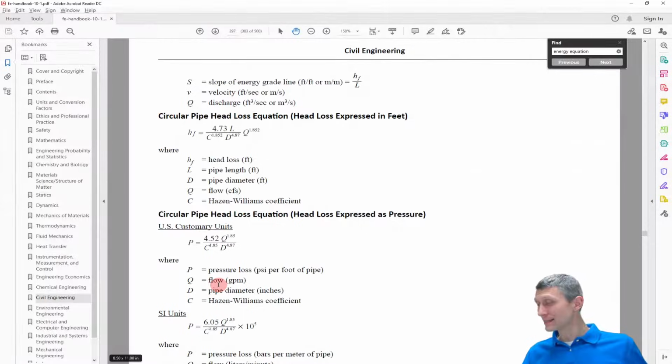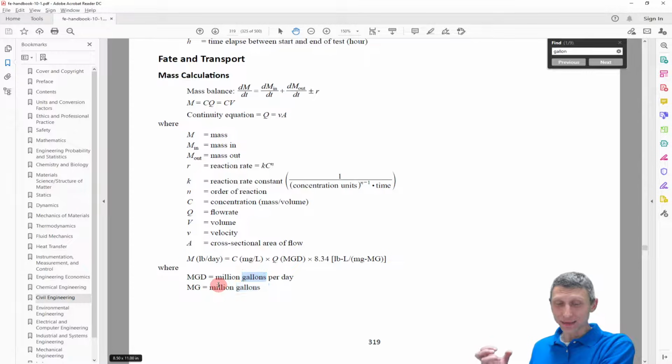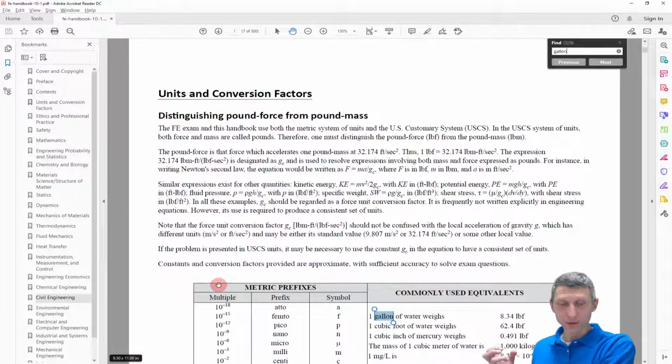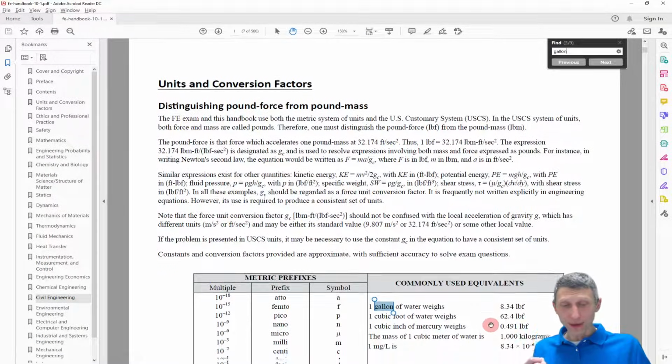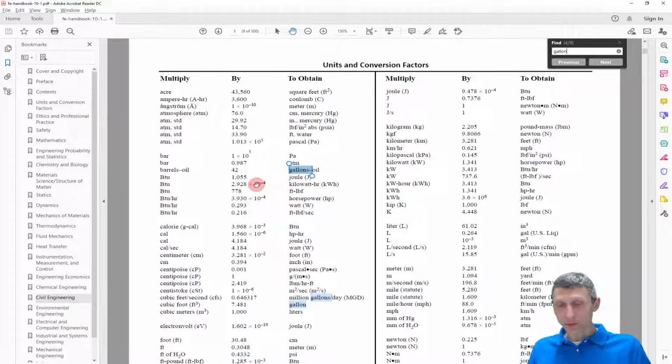Okay, so is gallons in there? I think it is, right? Million gallons per day, that gets us into freight and transport. But here, 1 gallon weighs 8.34 pounds, so we're in the right spot maybe. And what we see is 42, but down here, look, we got cubic foot, 7.481 gallons.